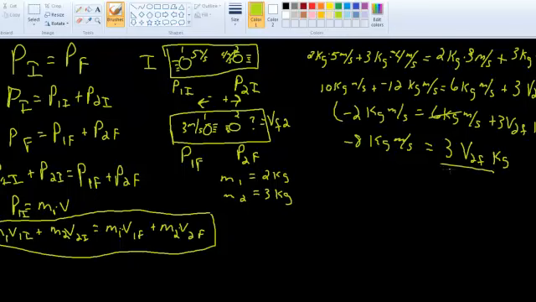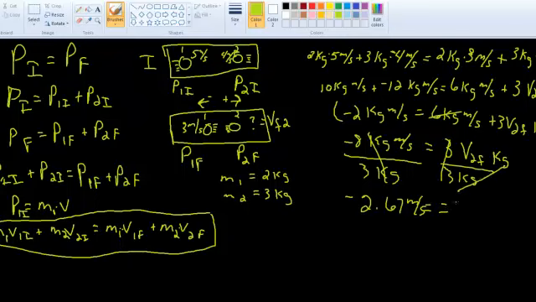Just divide both sides by 3 kilograms. And you'll see the final velocity is 8 divided by 3, 2.67 negative meters per second. And these kilograms cancel out. That equals the final velocity of the second object, 2.67 meters per second to the left.